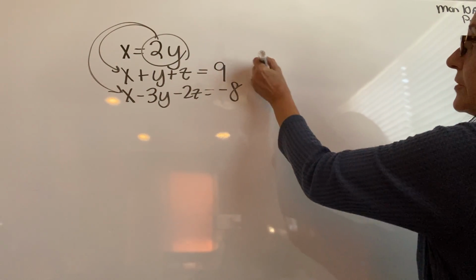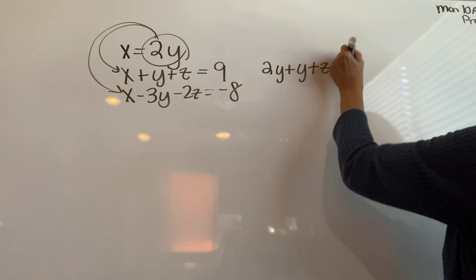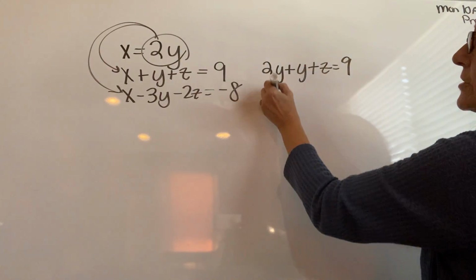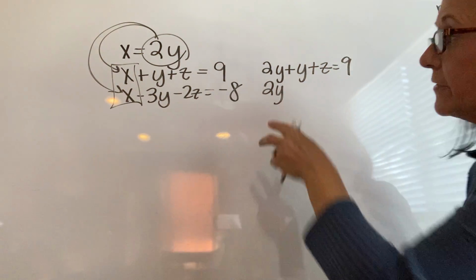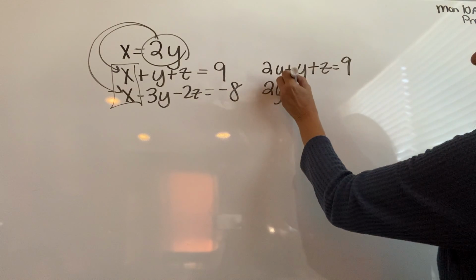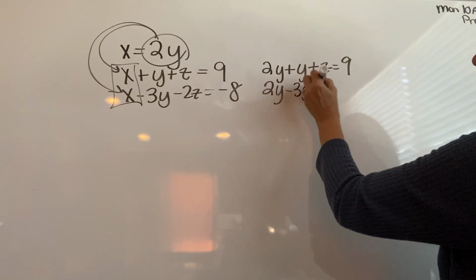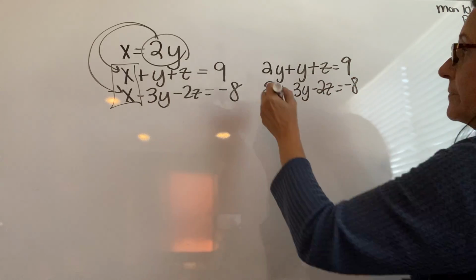So we end up with 2y plus z is 9. In that place in both of these equations, I'm just substituting in 2y. Minus 3y minus 2z equals -8. All right, I'll simplify them.